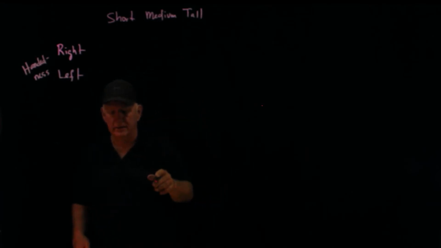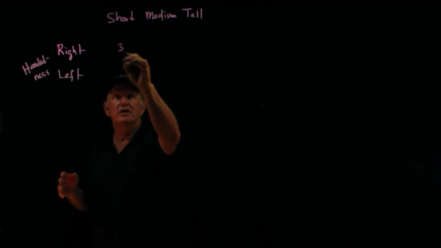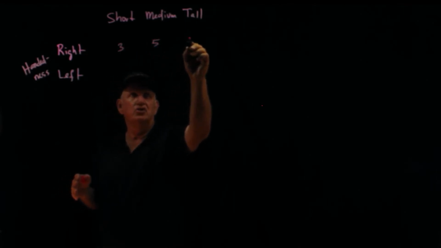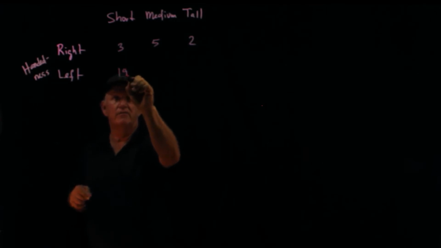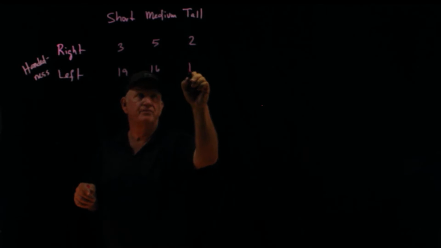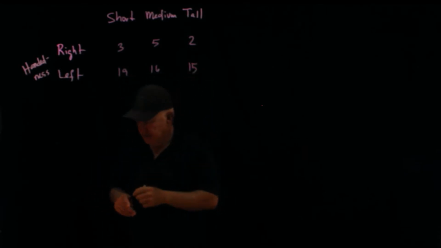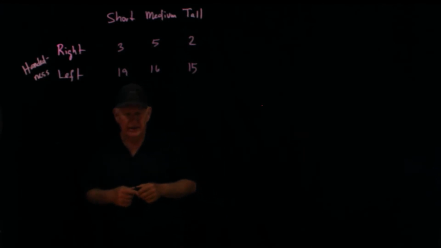And the observed data is 3, 5, 2 in the first row, then 19, 16, 15 in the next.